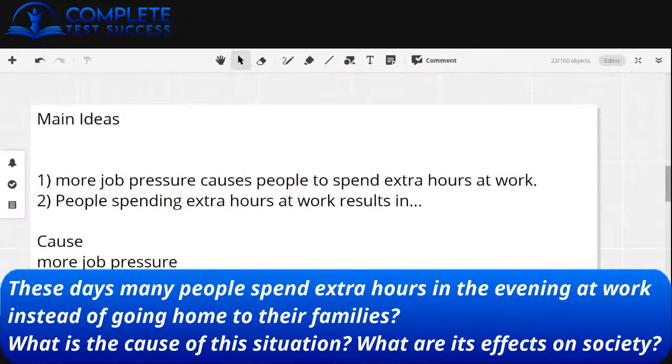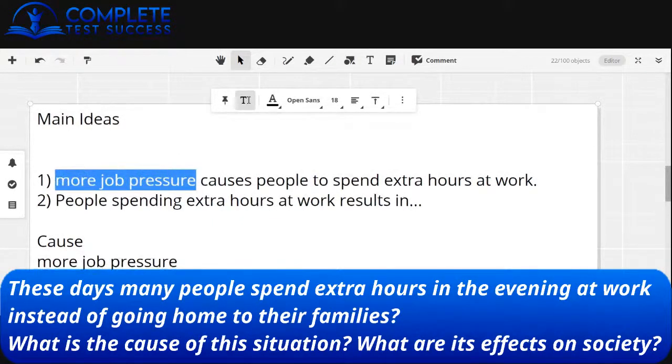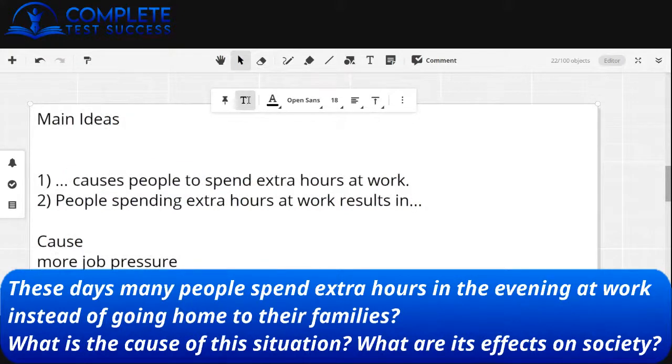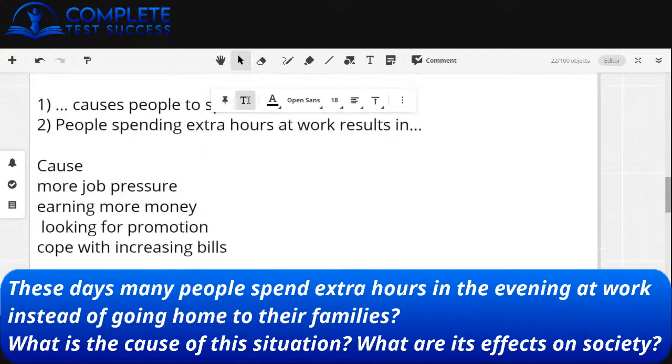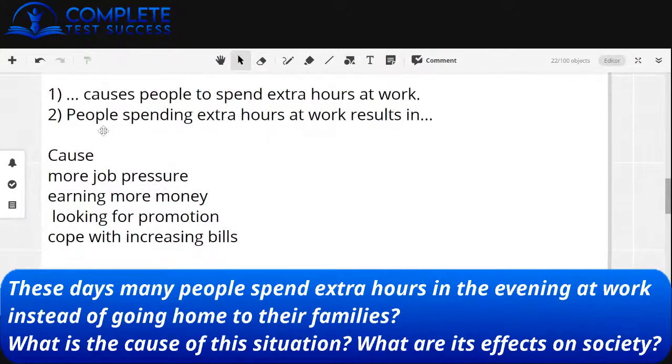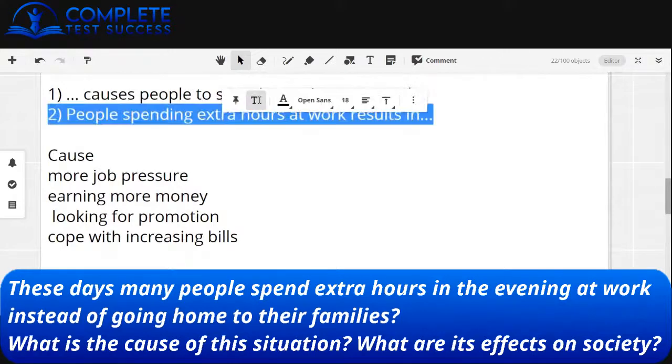So we have these causes. More job pressure, earning more money, looking for promotions, cope with increasing bills. Of those four ideas, how many of them make sense?